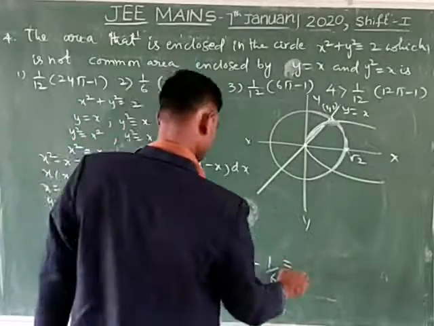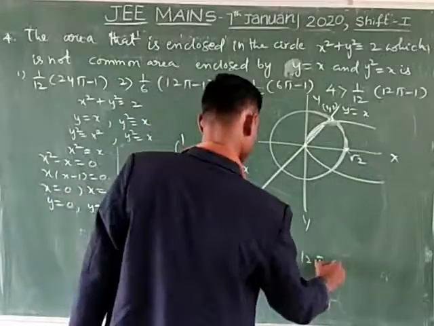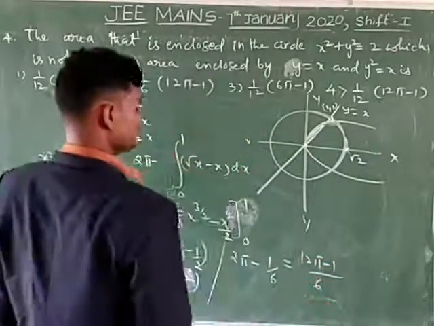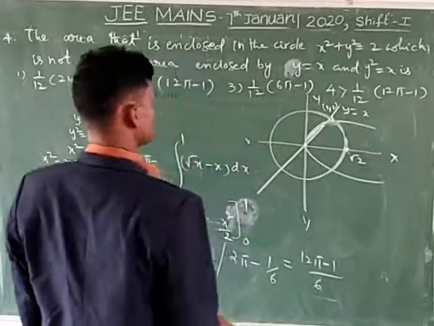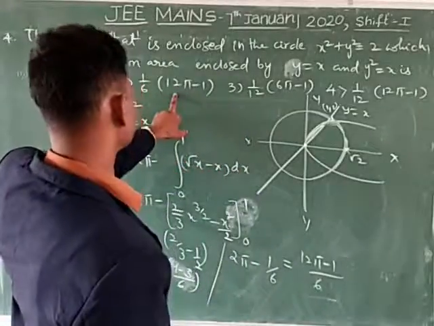You multiply 6 times 2 is 12, minus 1 over 6, so (12π − 1)/6, that is 1/6 into (12π − 1).